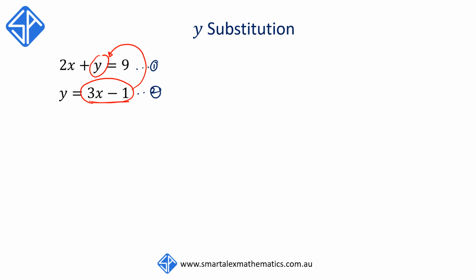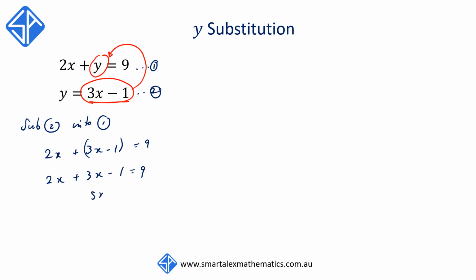So we say we're going to sub equation 2 into equation 1 so that we have 2x plus 3x minus 1 is equal to 9. This simplifies to 5x minus 1 is 9. We solve for x, we get 5x is 10, or x is equal to 2.